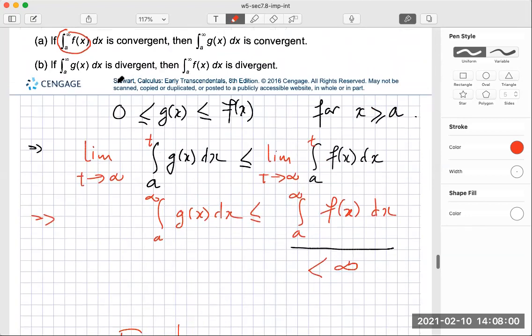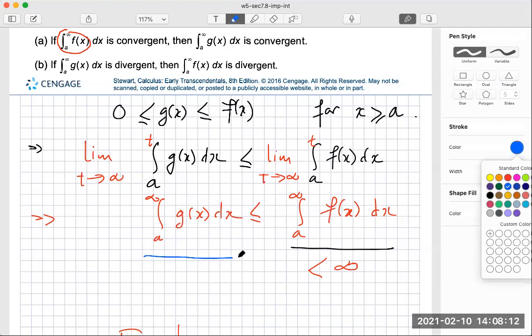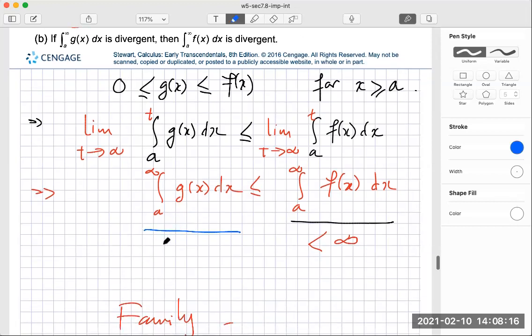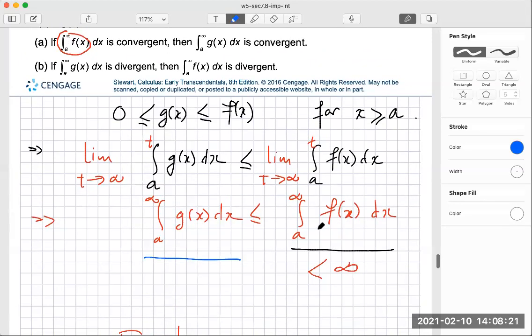Or if the smaller guy, the left-hand side here, is divergent, it means that the left-hand side goes to infinity, right? Therefore, the bigger guy, the right-hand side, should also go to infinity. Or if the left-hand side is divergent, then the right-hand side should also be divergent, right?